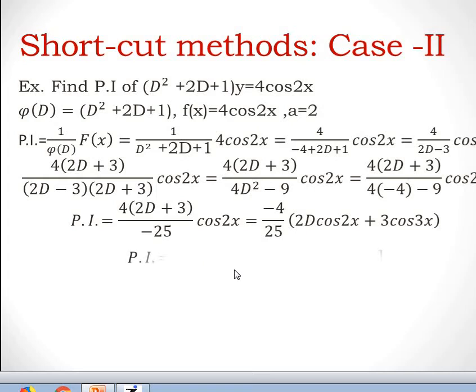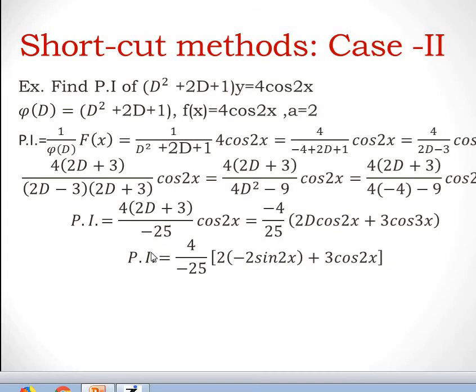So now next, we have to apply D on this function, because we have to find PI. The final PI is obtained when the D and integration terms are removed from that expansion or equation. So we have to remove this D term. D is the derivative, and we all know the derivative of cos of 2x is −sin of 2x, and the derivative of 2x is 2, giving −2.